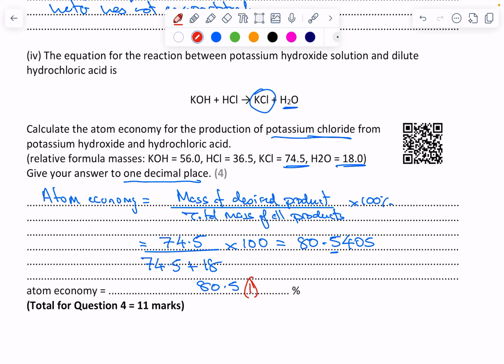Marks wise, there are 4 marks. You get a mark for doing this part, a mark in here for doing this, and then this, and then a mark for getting that part there as well. So 4 marks in total.